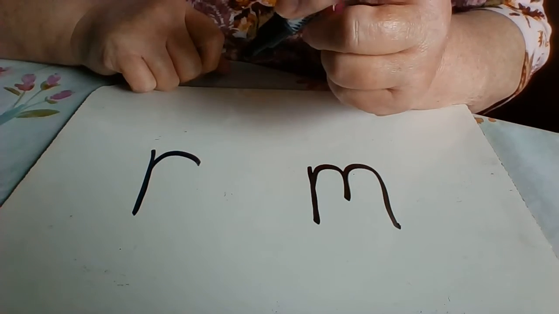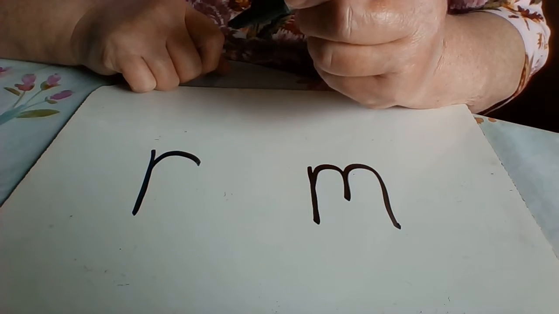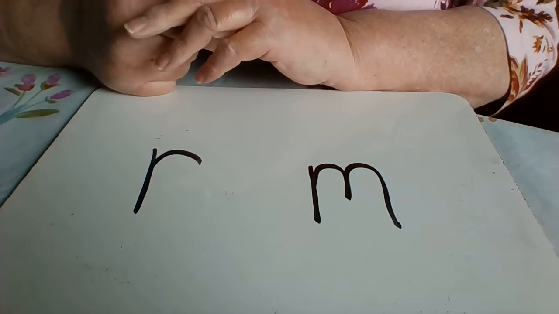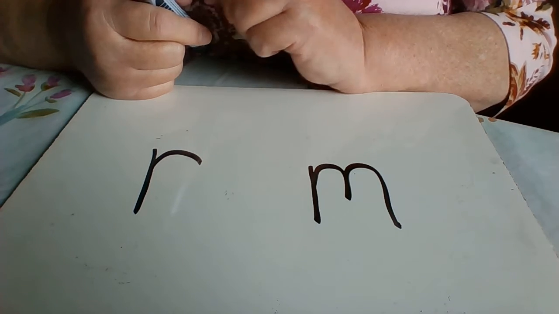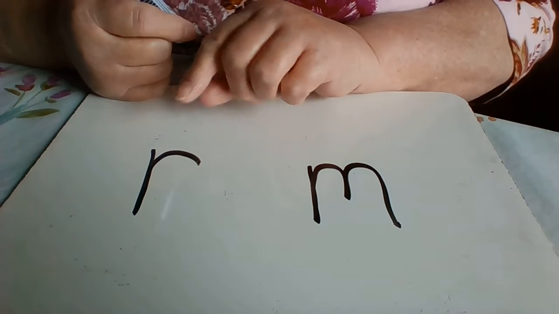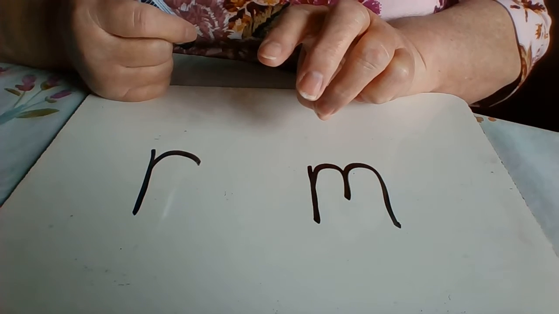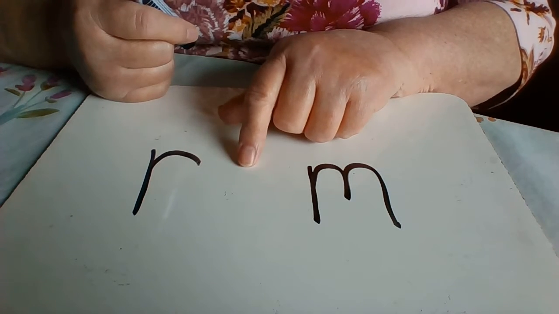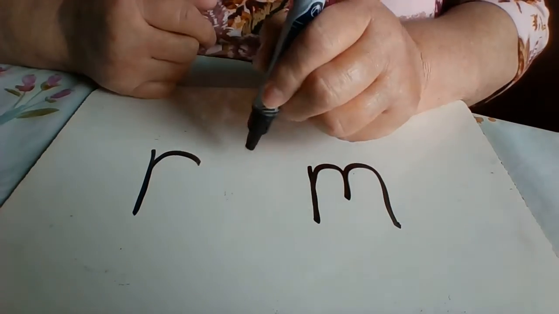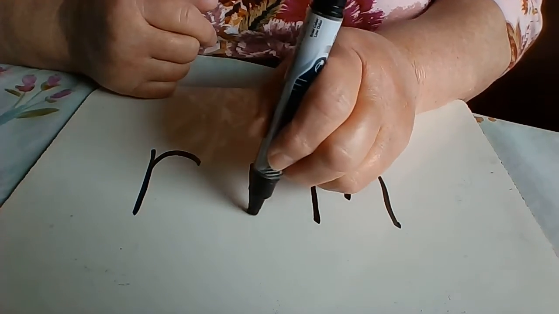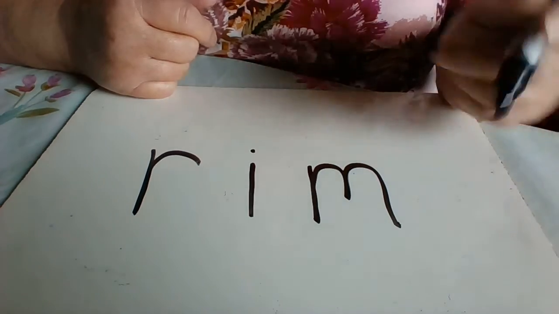So let's say I want to make the word rim. M. Let's tap it out. M. What did I tap out? What belongs in there? If you said a letter I, you are right.